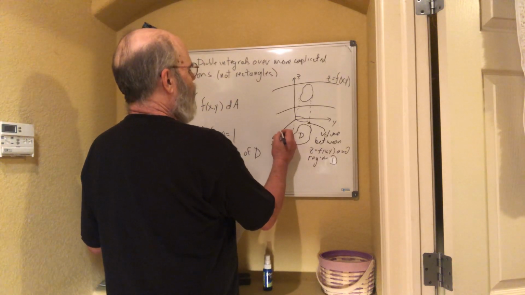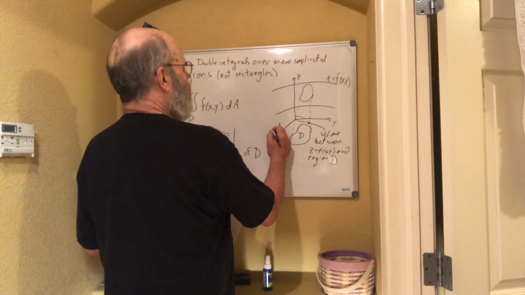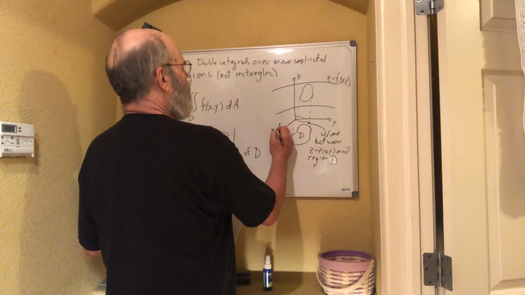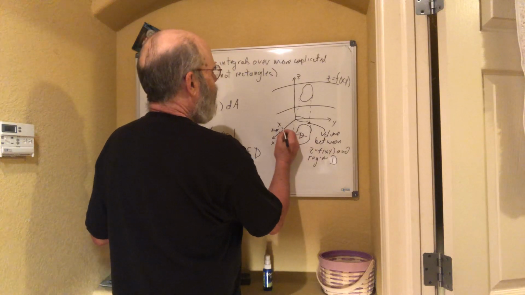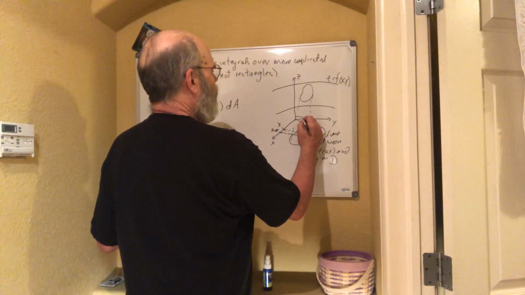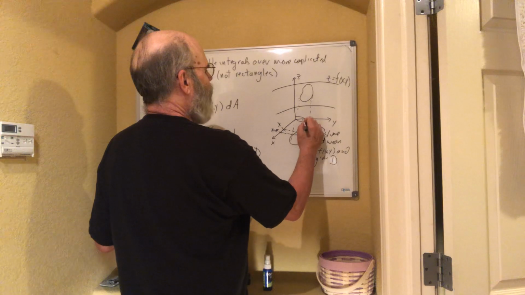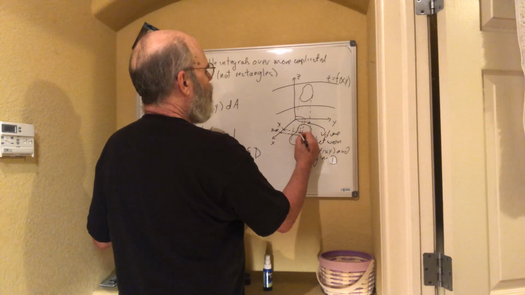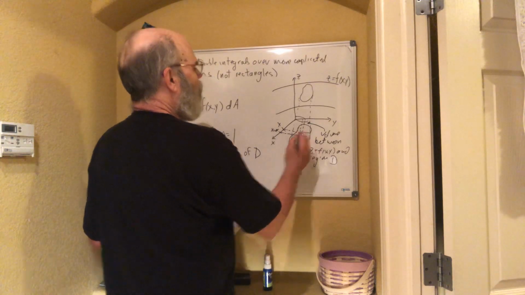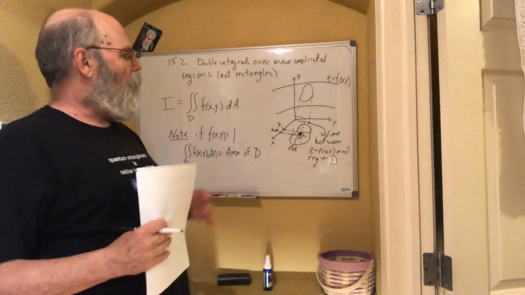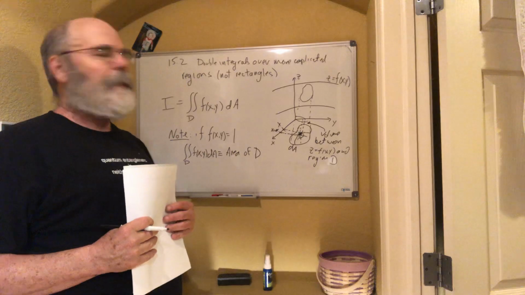So again, say there's x and there's my x plus delta x, just like I did last time. I don't want to get too bogged down here, but it works the same way. I integrate over a small area element dA.